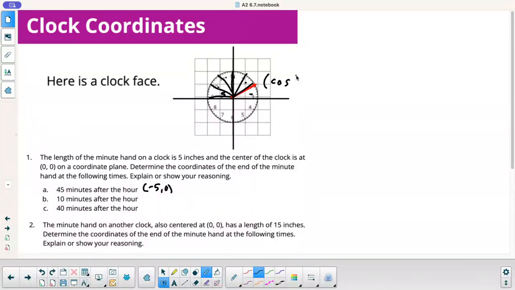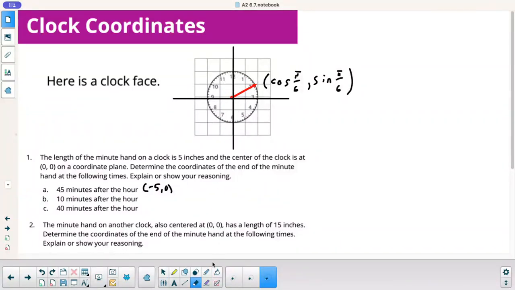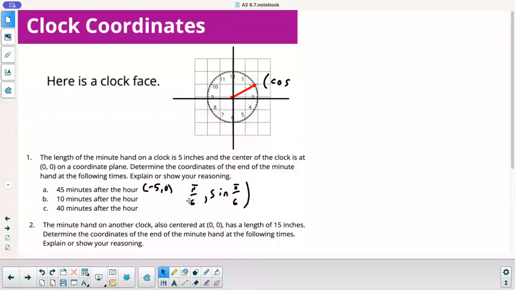So cosine of pi over 6 is the x-coordinate, and the y-coordinate is sine of pi over 6. Okay? Erase all that. But that would be for B.